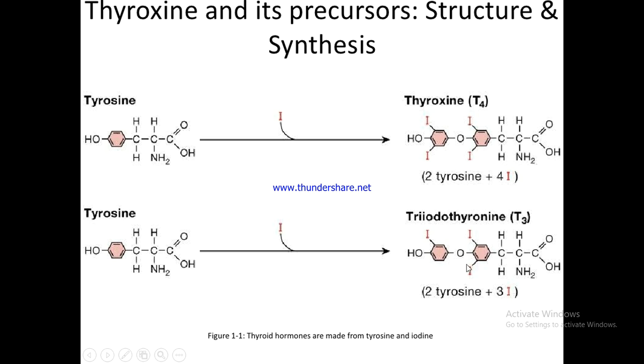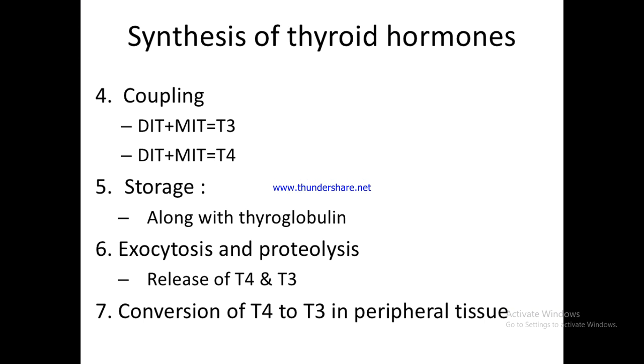So this picture explains well the structural formulas and the addition of iodine and the number of tyrosine residues in the process of coupling. Now the process of coupling involves di and monoiodo units to form T3 and diiodo units, diiodotyrosine and diiodotyrosine, to form T4 molecules.